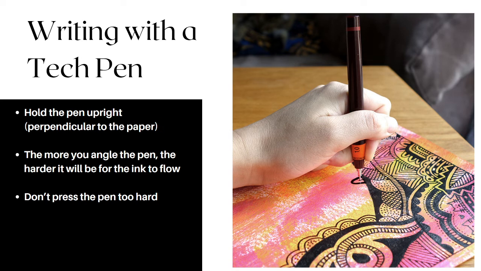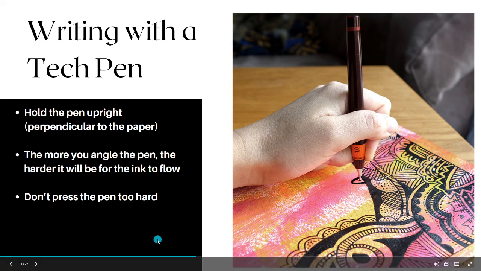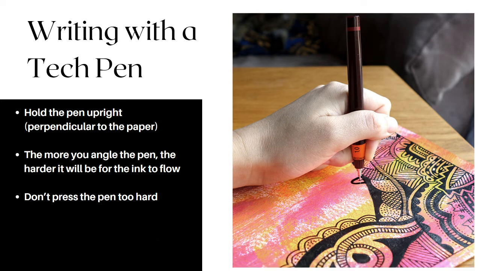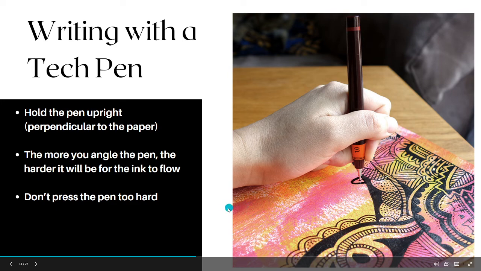That would tend to make your line weight uneven sa imong linya or sa imong badlis. So dapat upright gyud, dapat perpendicular gyud sa paper as much as possible. And also don't press the pen too hard kay mublat na siya. Klaro ra sa pag-write with the technical pen, class?